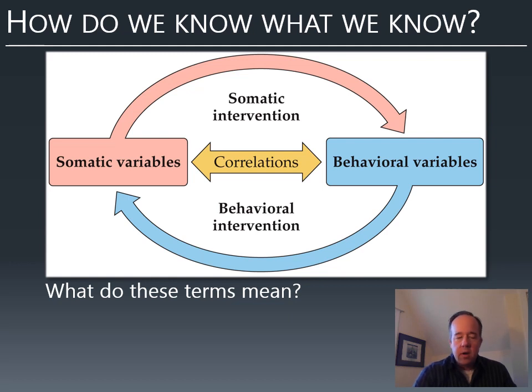We care about the brain in this course. The brain is the seat of our psychological processes and experiences. So we're going to see here in a moment that we can either change something about the brain and see what that does to behavior and psychological experience, or we can change something about behavior and see what that does to the brain.